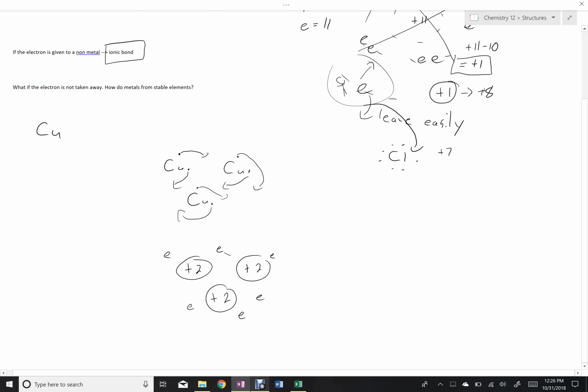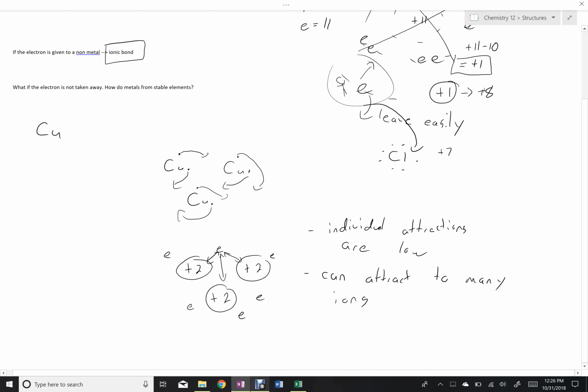And then, while the attraction for any one electron to any one of these charged ions is low, because this electron isn't associated with any one of these positive ions, it can attract to many ions.